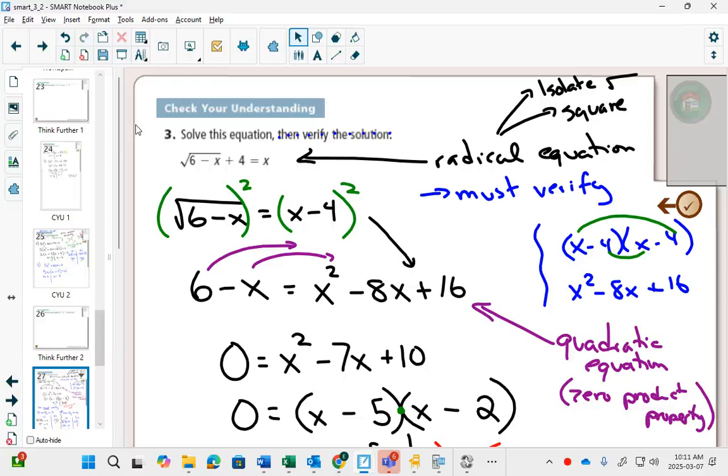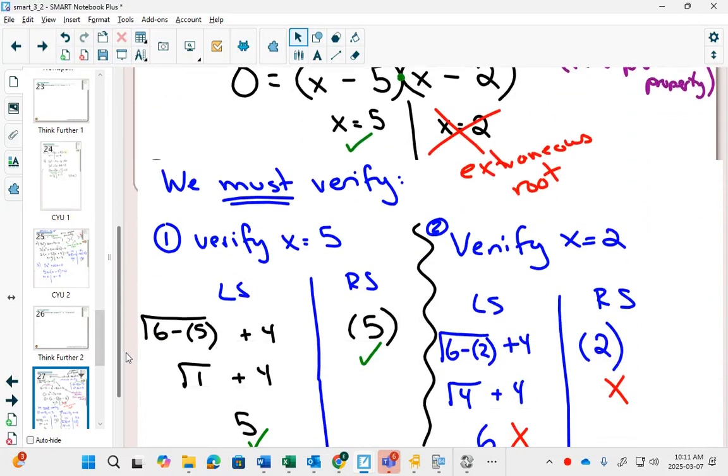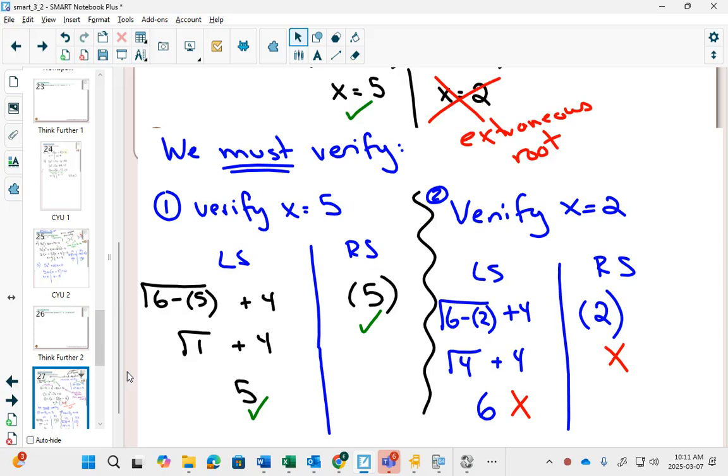Quadratic equation: have to use the zero product property to solve those. Set something equal to 0 and factor. Then, because the original one was a radical equation, we must verify. So we went through, solved it, and when we verified it, one of the answers didn't work. Circle question 12.